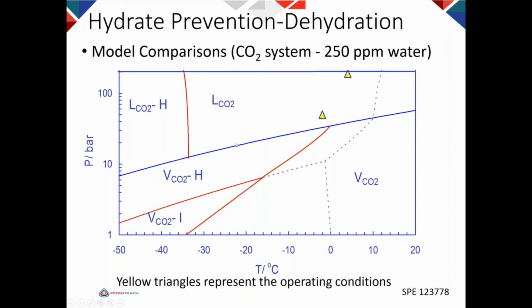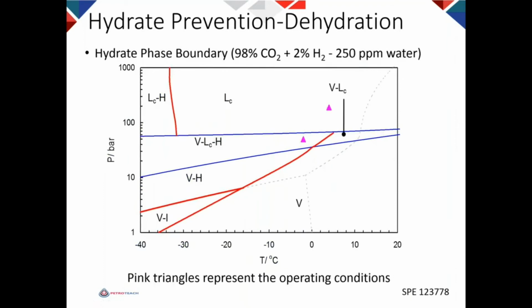You are above the bubble point of CO2, this blue line, and above it the hydrate phase boundary is here, and this is outside the hydrate phase boundary. So if we dry the CO2 to 250 ppm, then there is no risk of hydrate formation.